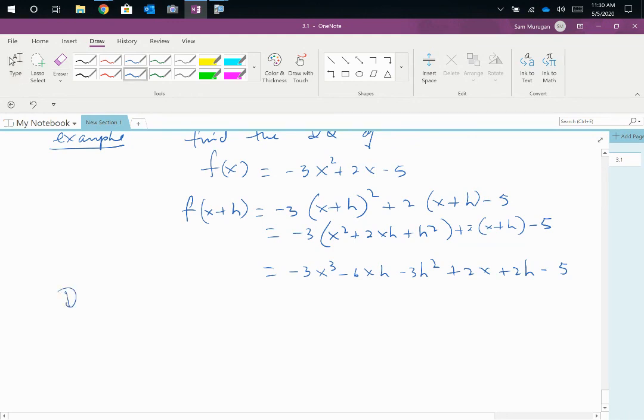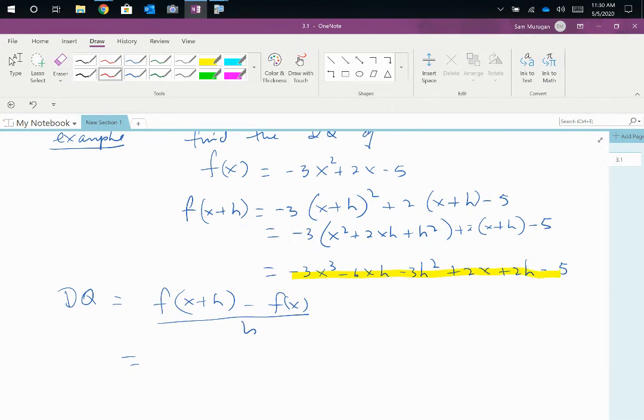Now we use the formula. Difference quotient is equal to f(x plus h) minus f(x) over h. Substitute the entire expression for f(x plus h), which is this whole mess here.